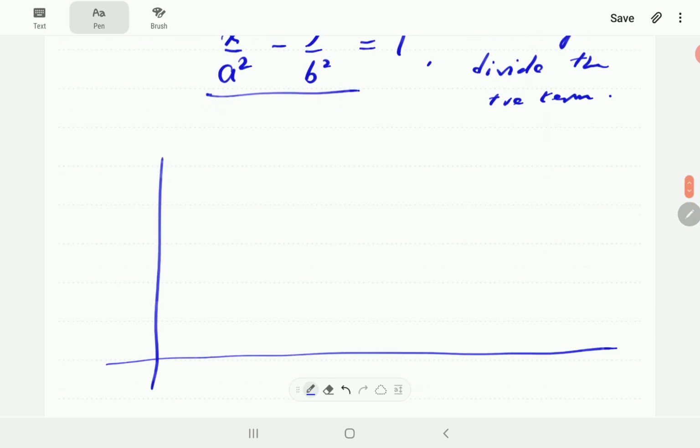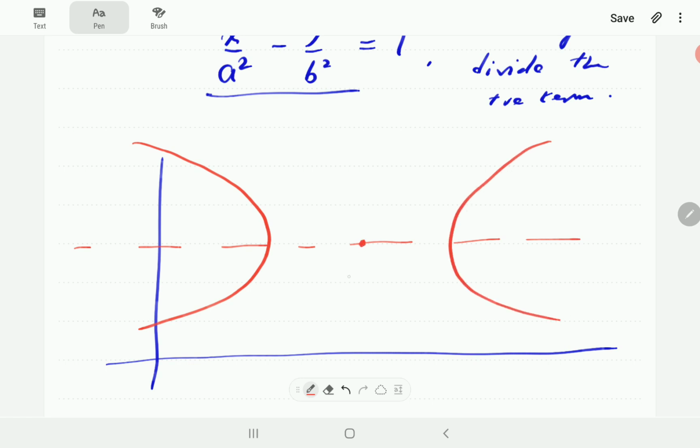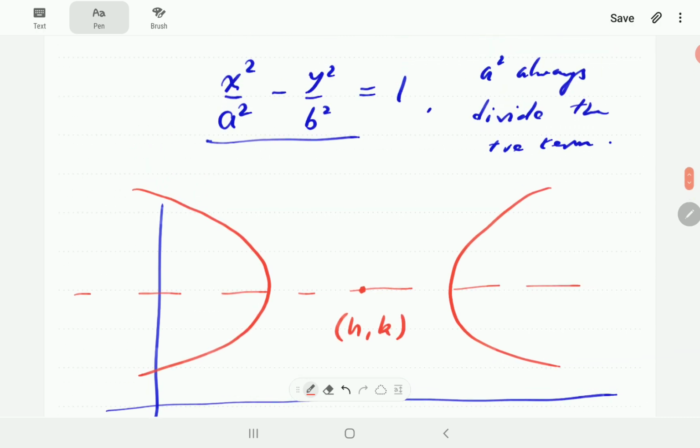Okay, so if the hyperbola is now centered at (h, k), then this equation here is going to be (x minus h) all squared divided by a squared, take away (y minus k) all over b squared.